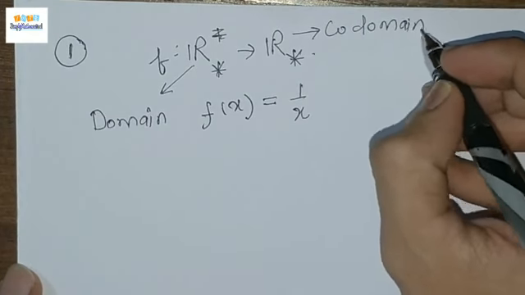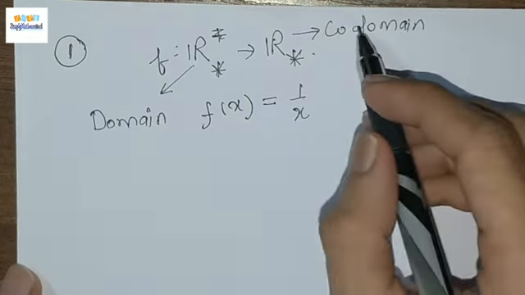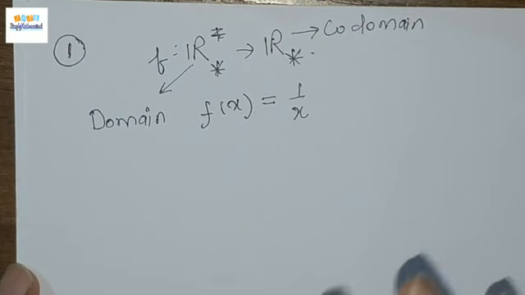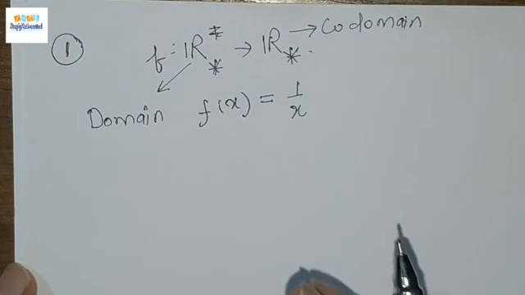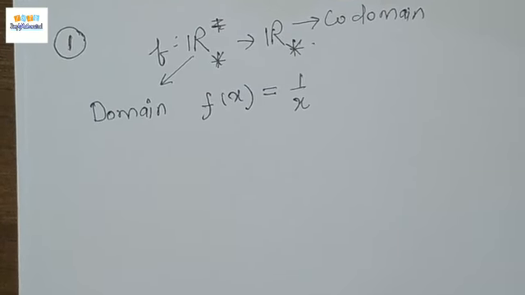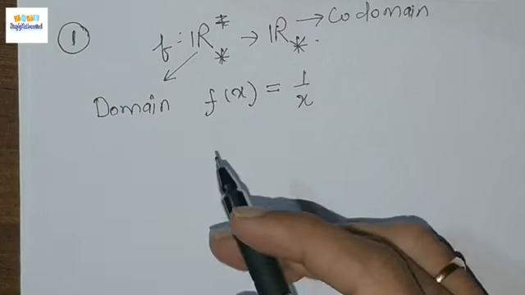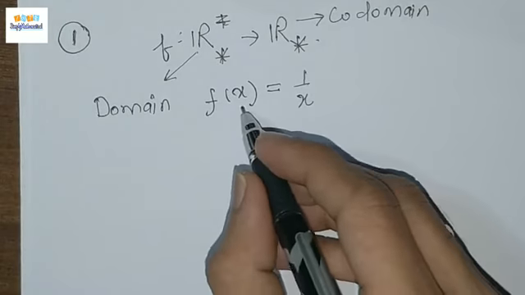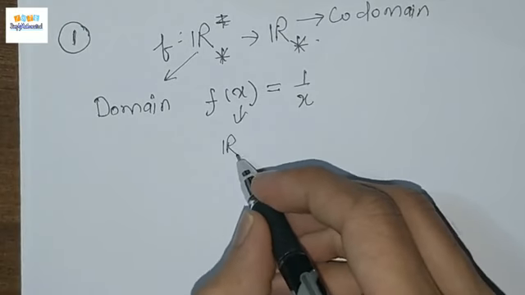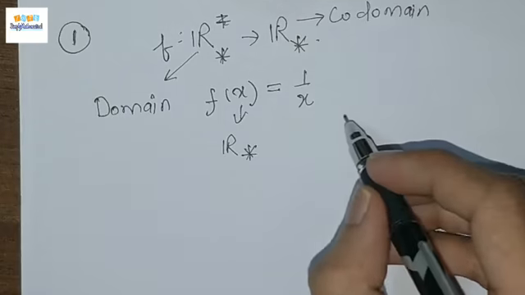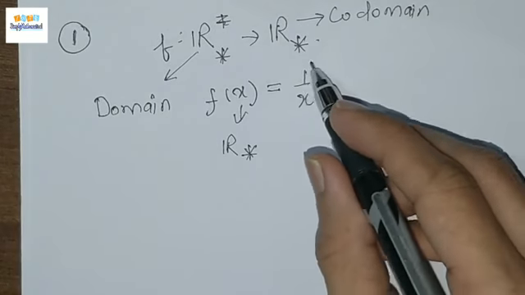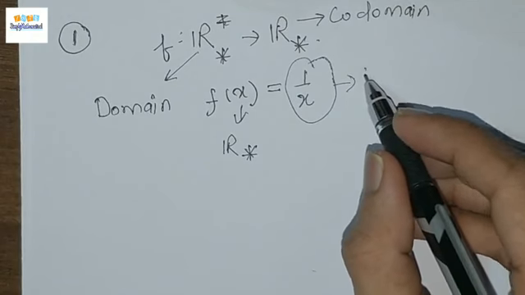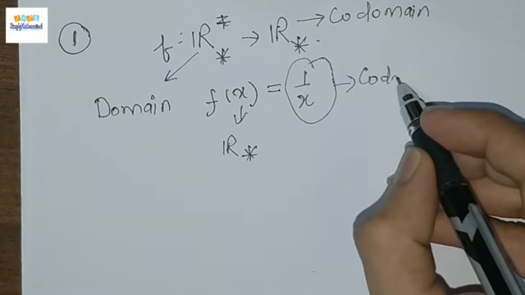You are taking the elements from the domain to codomain by the function f, which you have already studied. Now you are given a function f(x) is equal to 1 by x. So this x here is from R star, that is the domain, and this value which you get is in the codomain.